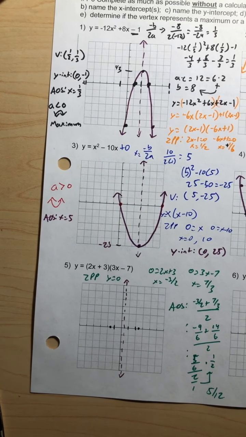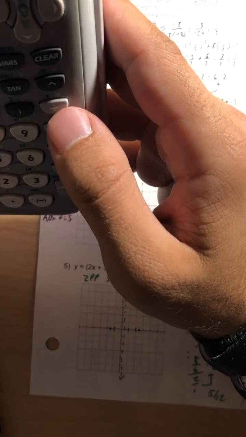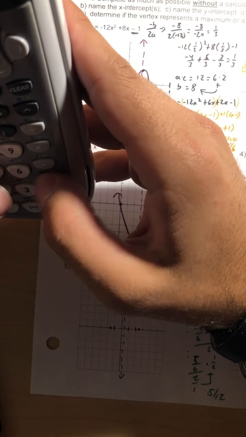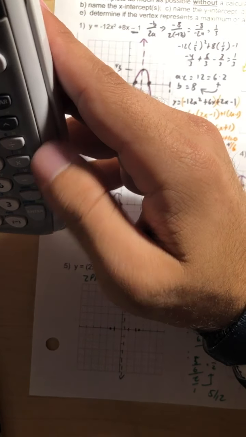Right. This is going to open up. I could throw my 5/12 into this to get my vertex. I'm going to just plug into my calculator for right now just because we'll give you much better numbers on the tests.